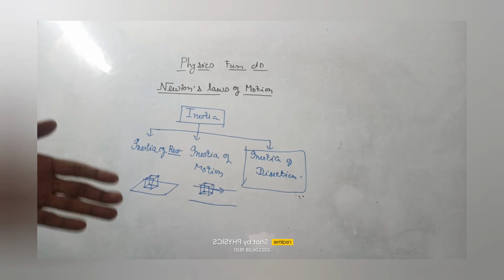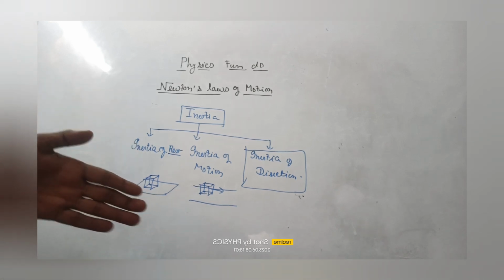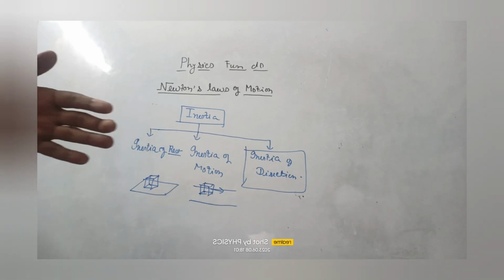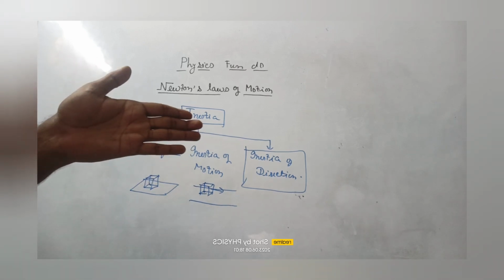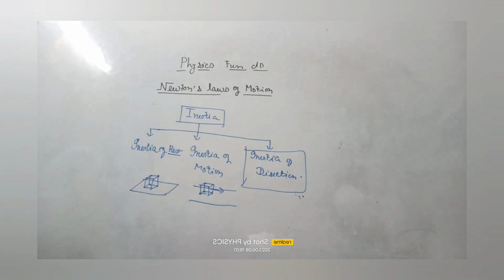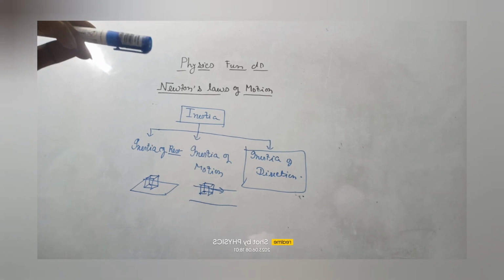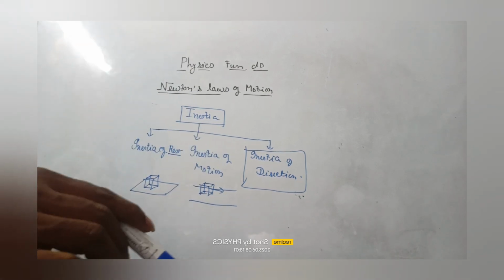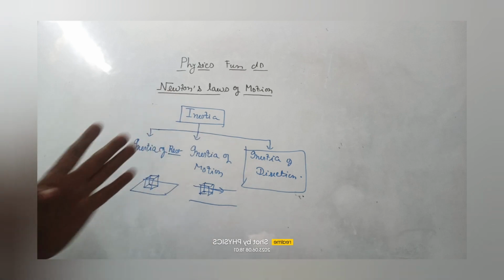Now there is a turn in front of the bus, and the bus turns along the path, but we certainly move in the definite direction in which we were moving initially. So to keep the direction of motion, that is the inertia of direction.